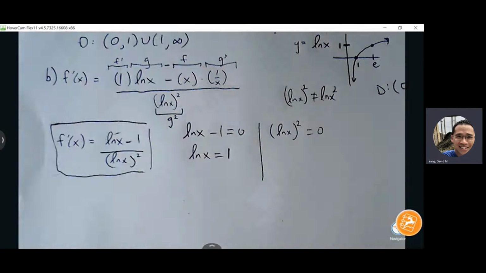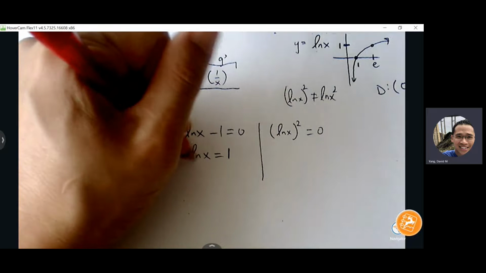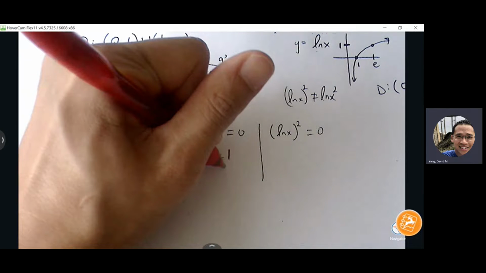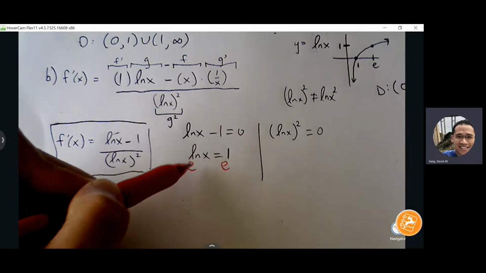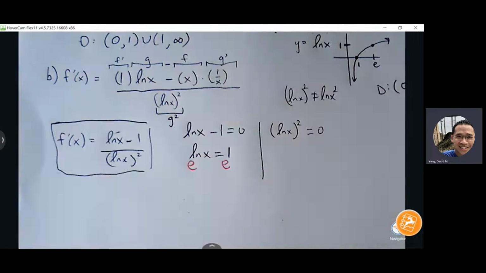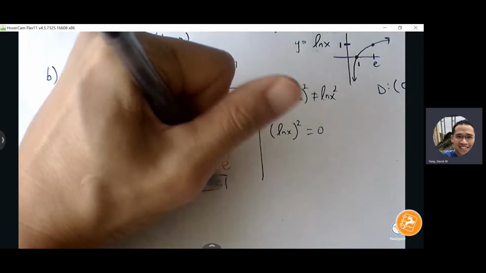If I'm trying to solve for x, but it's stuck inside natural log, I can involve what? e. I know that e and natural log work out nicely in terms of cleaning up between them. Because they are inverse functions, it cancels out and I'm just left with x equals e to the first power, which is x equals e. So that's a critical point. We can set that off to the side.